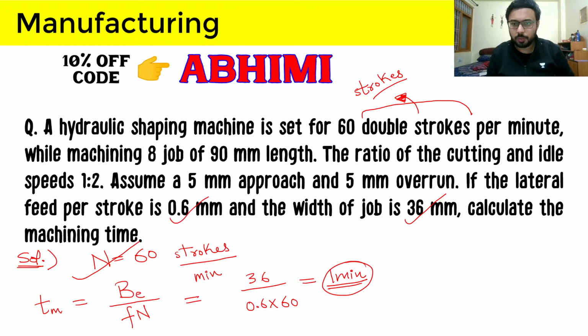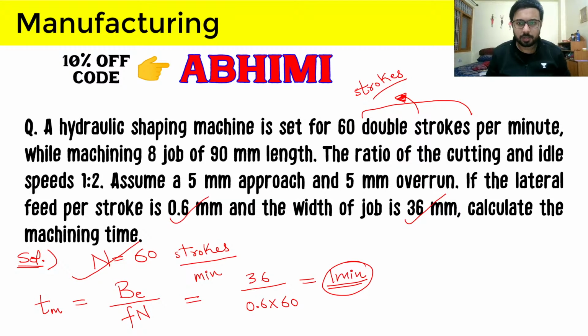And we also didn't have use of the 8 jobs of 90 mm length data. So overall we used only what we require, and we followed our basics, and we found the answer is 1 minute, which is the machining time for this particular question. So let's move forward and do our next question.